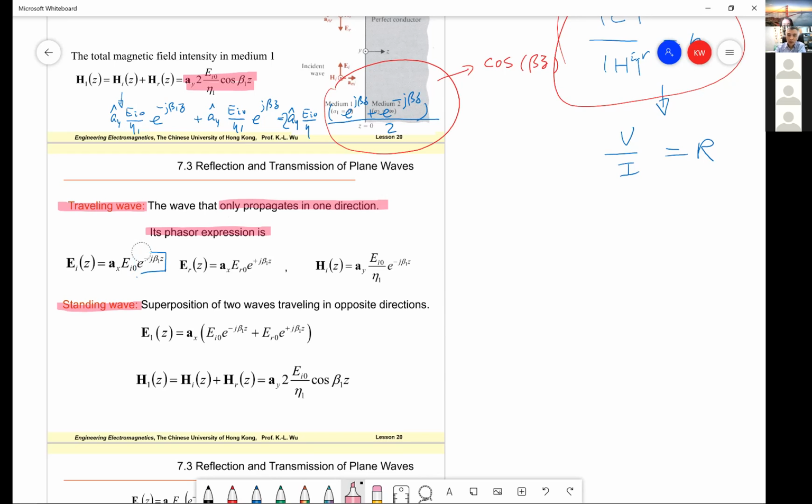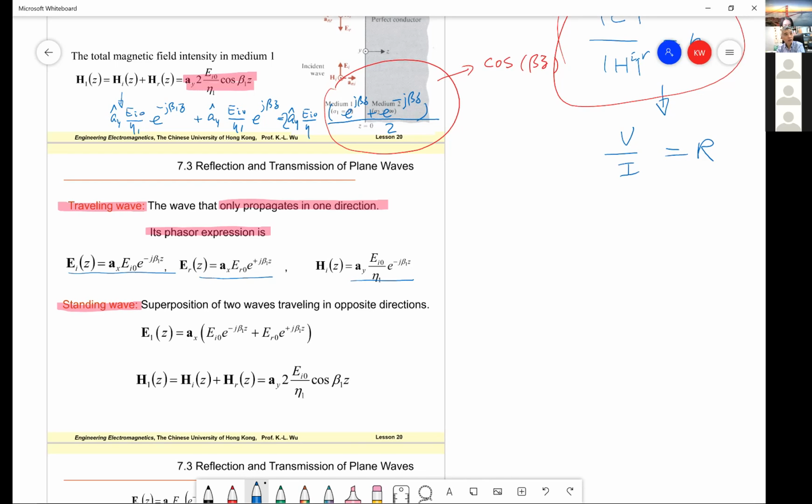This is a traveling wave, traveling in that direction. This is a traveling wave traveling in the minus direction. This is the electrical field, also a traveling wave.